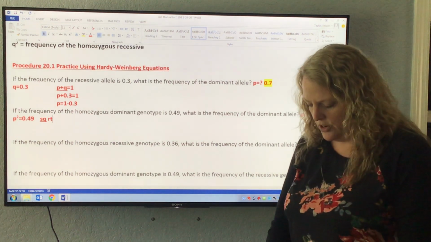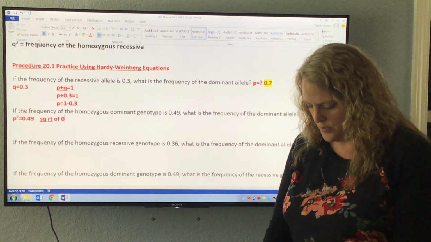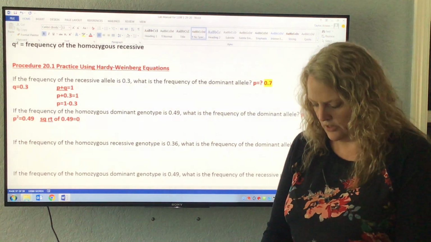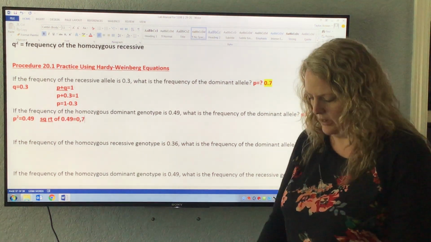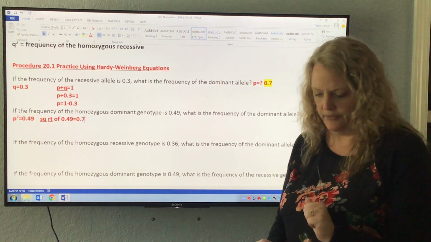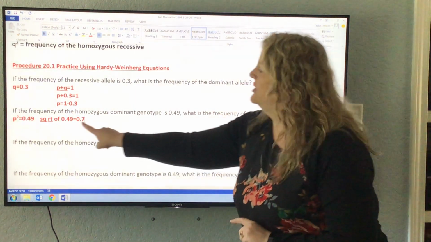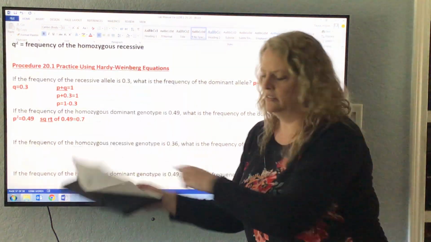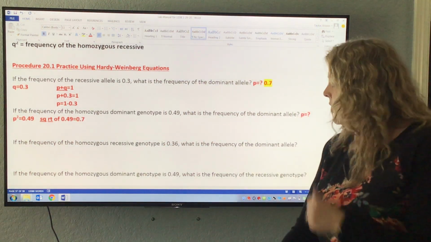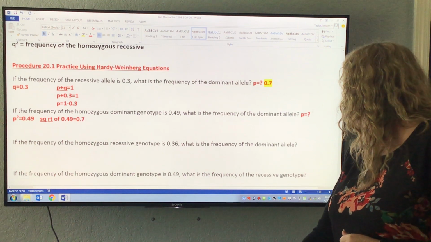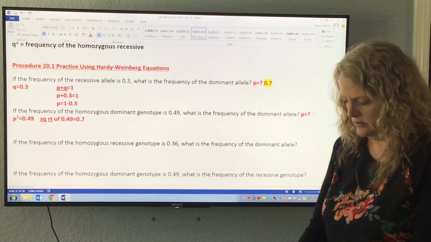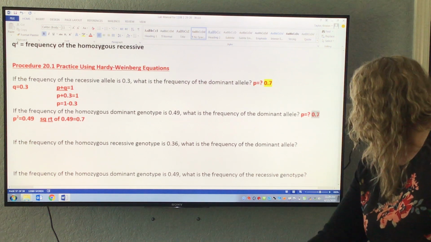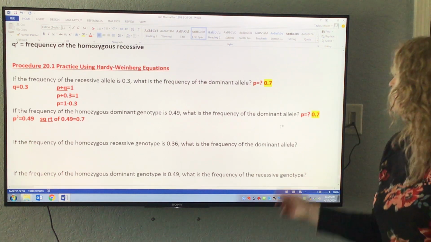All right, so the square root of 0.49 is going to be 0.7. Not a comma, my bad. All right, everybody understand that? Square root, just like that. So that's it. My answer over here is 0.7. Highlight that. 0.7.